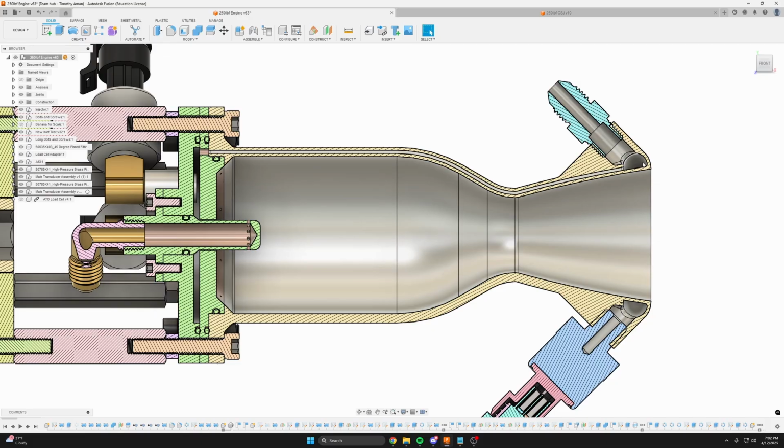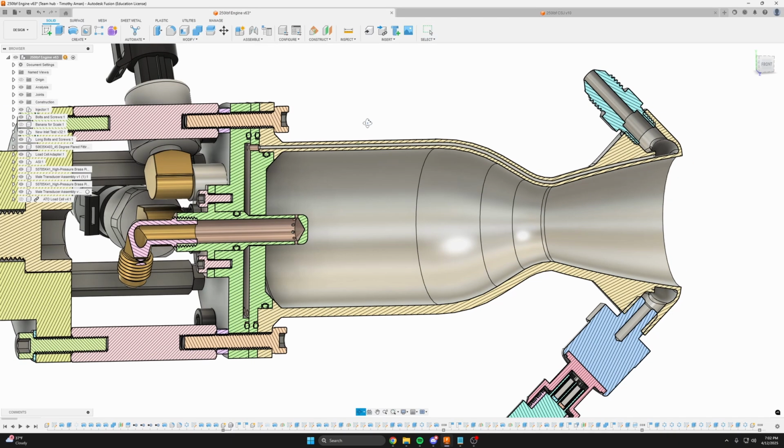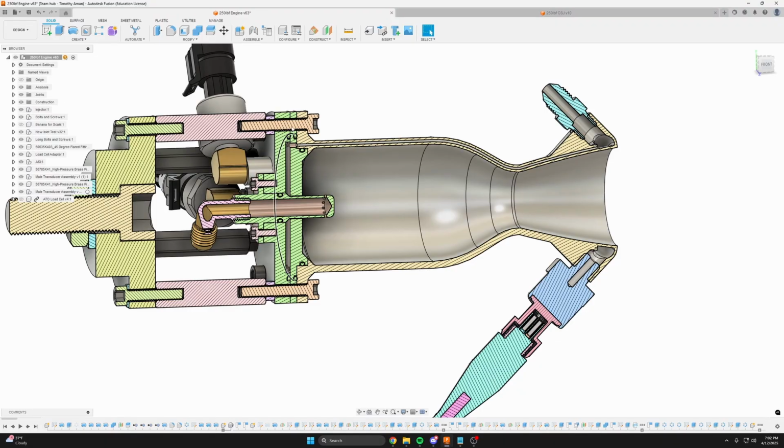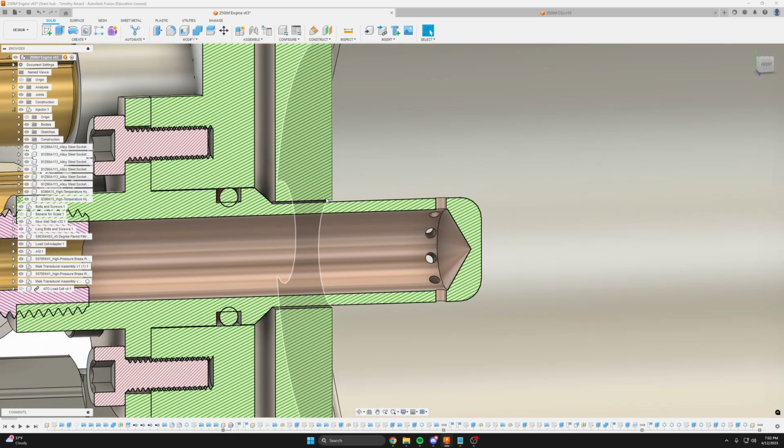The fuel enters this volute here and flows up opposite the hot exhaust direction. There are 49 channels. Let's see if I can hide some of these. But yeah, it flows up these channels. You can see one here, and then gets injected here in this annulus around the pintle.